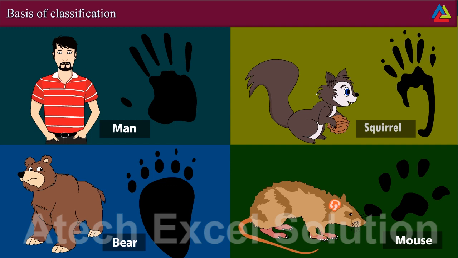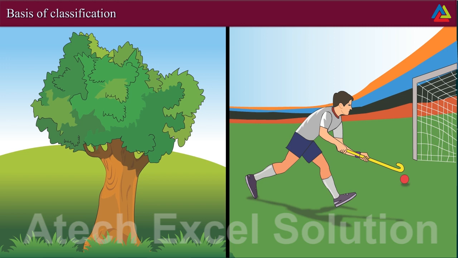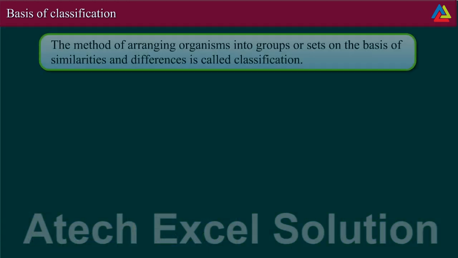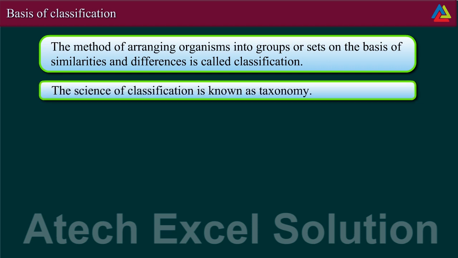This is a characteristic. A man can run, but a banyan tree cannot. This is also a characteristic. The method of arranging organisms into groups or sets on the basis of similarities and differences is called classification. The science of classification is known as taxonomy.